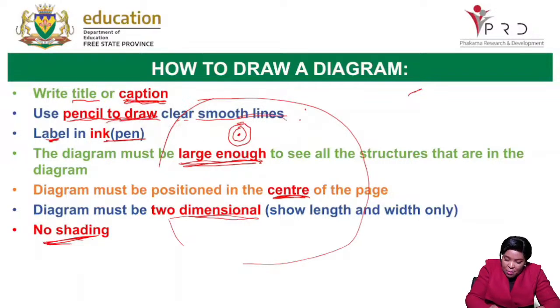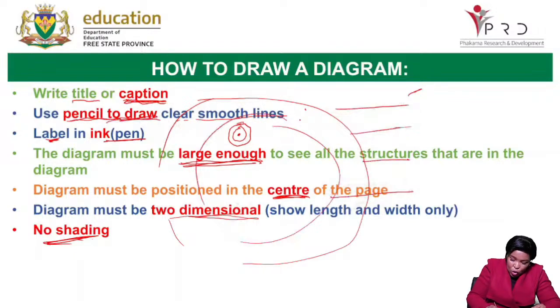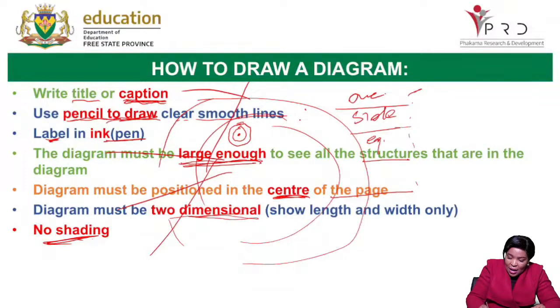When you draw your label lines, your lines must not overlap, and they must be of the same length. They must stop at the same length. So your lines cannot go crisscrossing like a spider. They must all be on one side, and they must be of equal size and no overlapping.